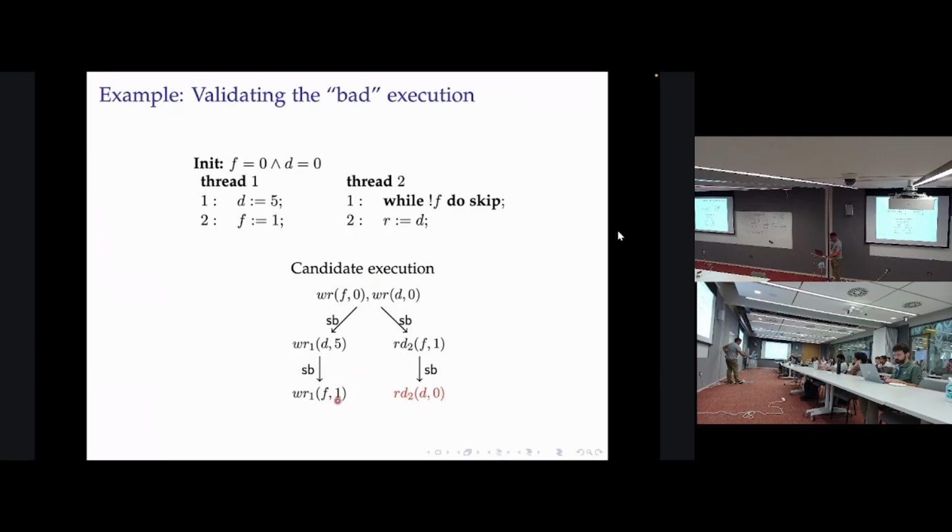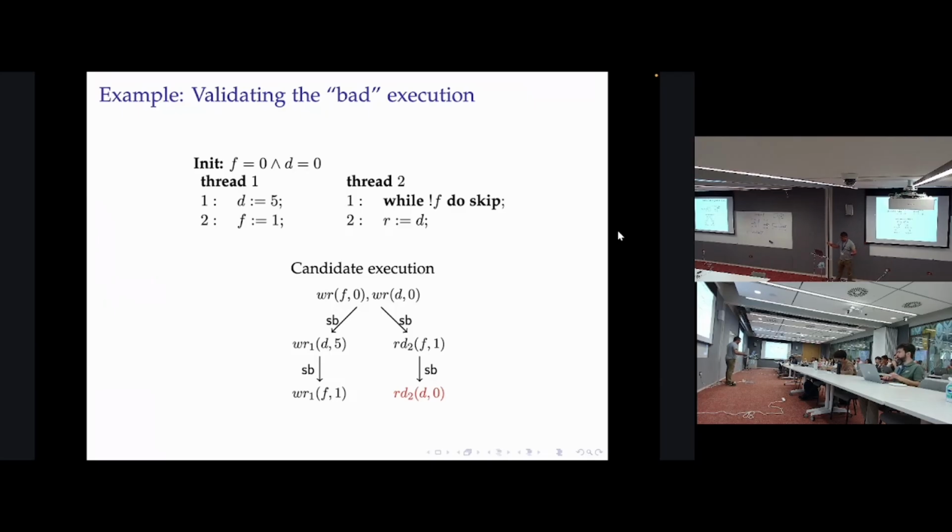What you're expecting is that if I see f is 1, I'm expecting to see d is 5. But because of weak memory, even at the language level, this execution is allowing that even though I've seen f is 1, I'm somehow seeing an old value of d. Does that make sense?